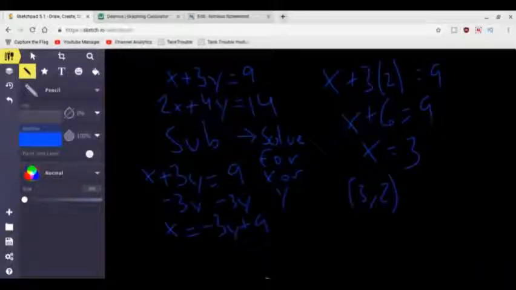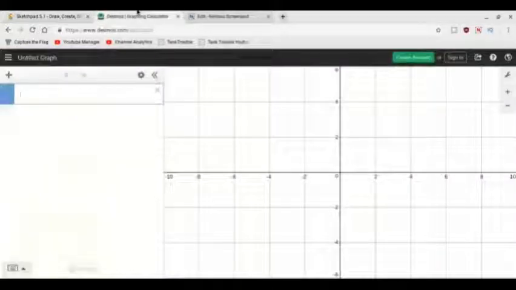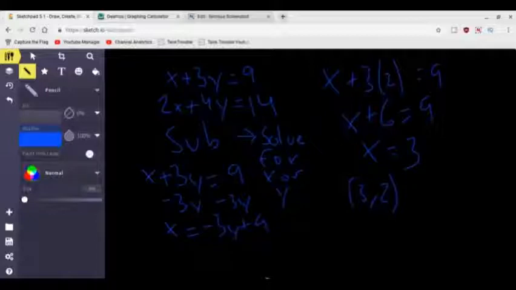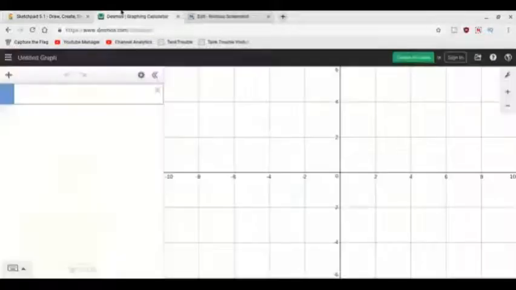All right. So now I'm going to show you the final method of doing this. So we have Desmos here, which is our handy-dandy graphing calculator. And so this final method of doing it is, if you haven't already guessed, graphing.